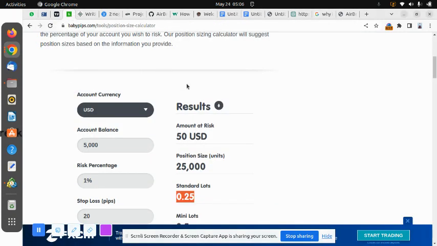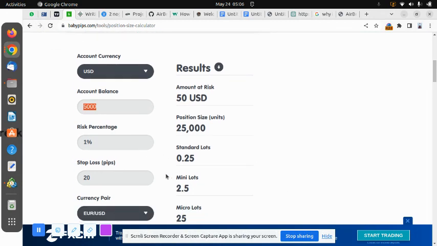However, you can come to this risk calculator and use it right here. It's great and awesome. You can do your calculation in case you don't know how to calculate it on your own. Personally, I don't even need any position size calculator, because I have everything in my head. So let's do the same calculation we did right there.